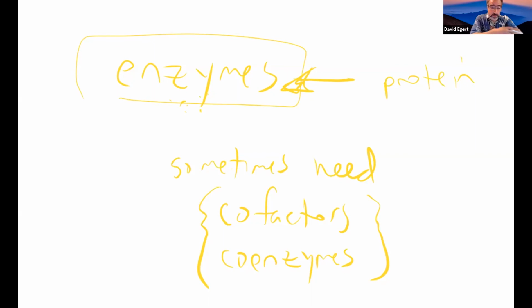So that's when we talk about cofactors and coenzymes. So sometimes they need this additional part to do their job.